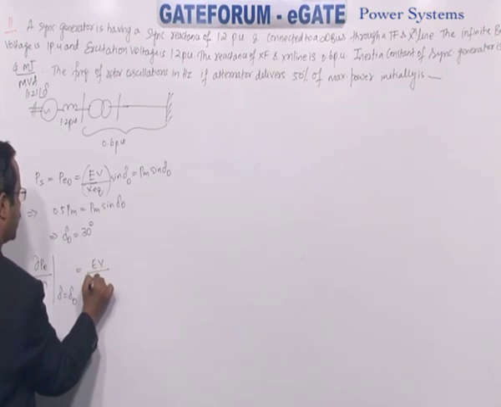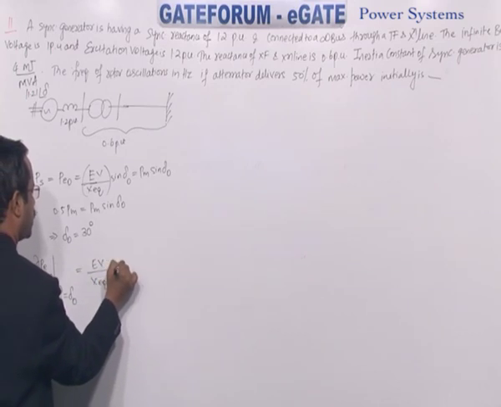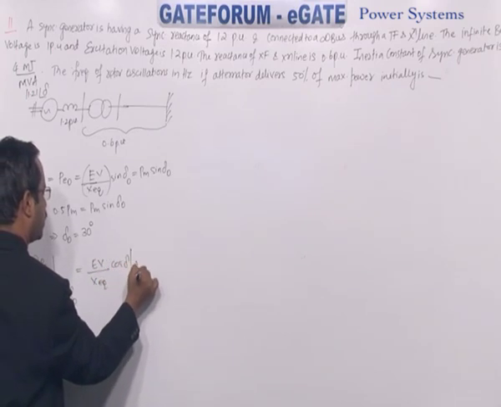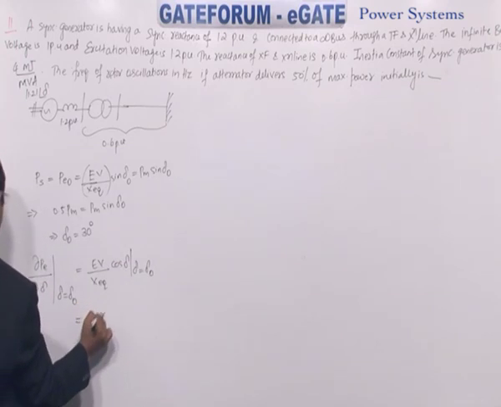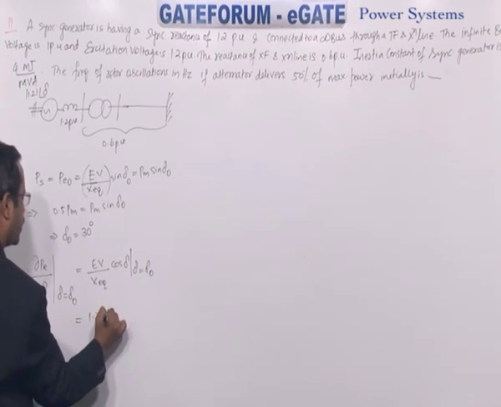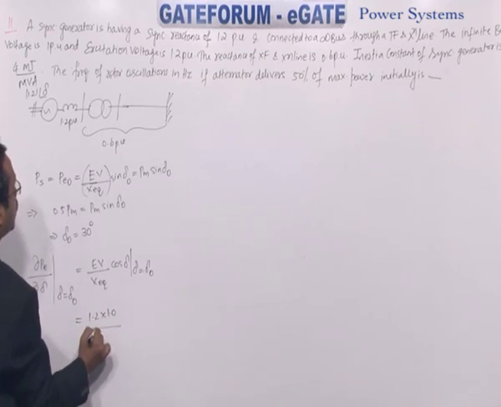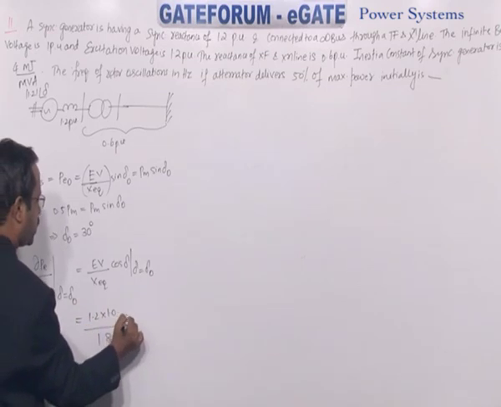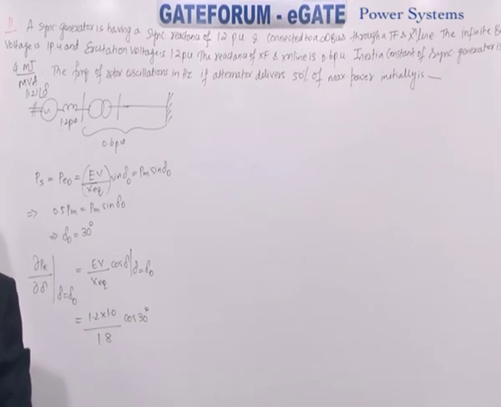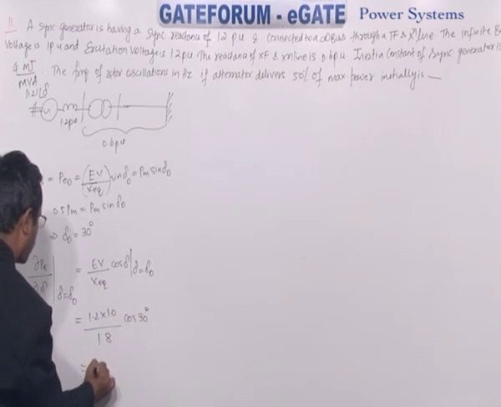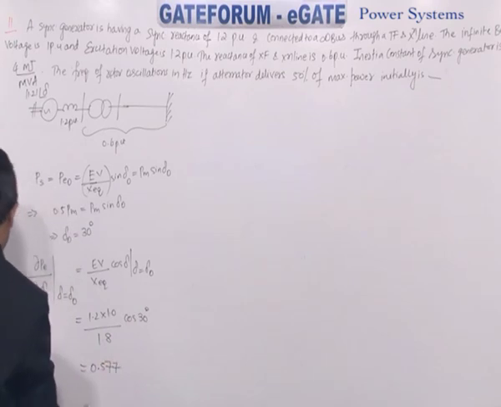So you know this EV by X equivalent, now cos delta, where delta is delta naught. E is 1.2, V is 1, total reactance 1.8, cos 30 degrees. On simplifying you get 0.577.